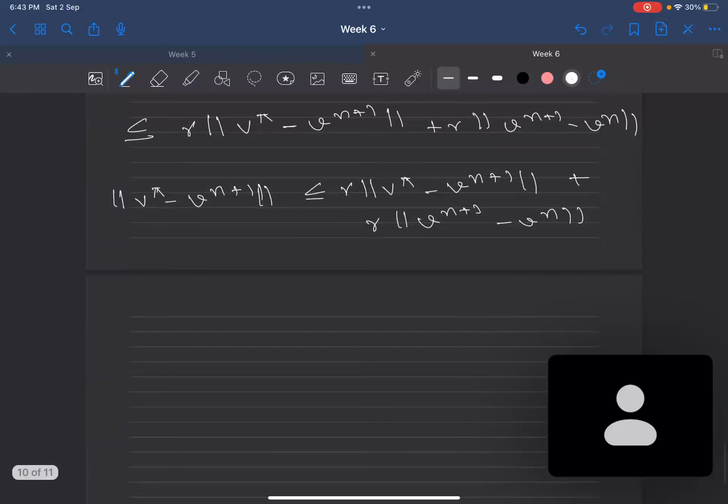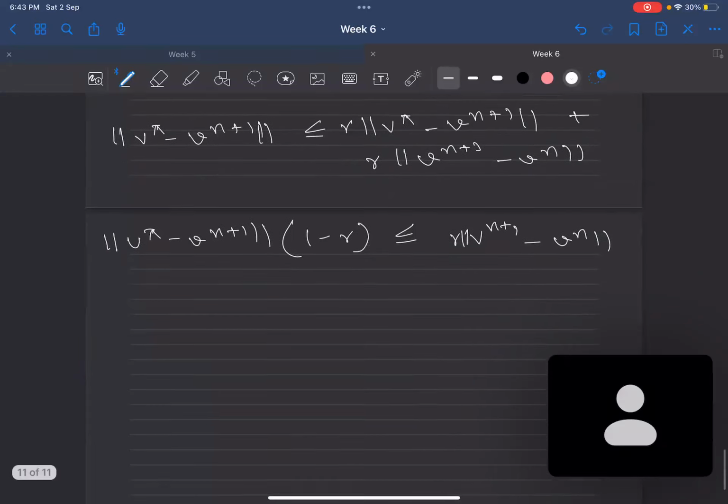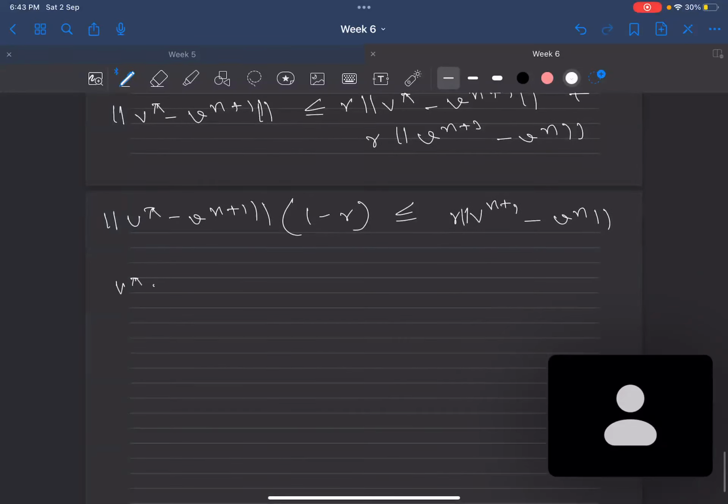Take it to the left hand side. V pi minus Vn plus 1, times 1 minus gamma, is less than gamma times Vn plus 1 minus Vn. So V pi minus Vn plus 1 is less than gamma over 1 minus gamma times Vn plus 1 minus Vn.